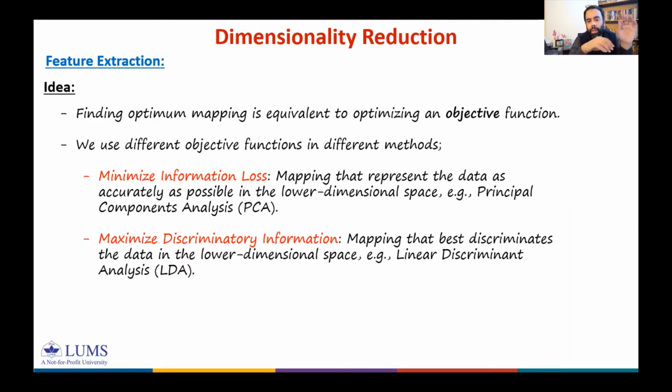In minimizing information loss, we do not take into account the class boundaries, so we treat the data points that correspond to different classes in the same way. But when we maximize discriminatory information, we use the labels, or the output values, associated with the input values in carrying out the dimensionality reduction.